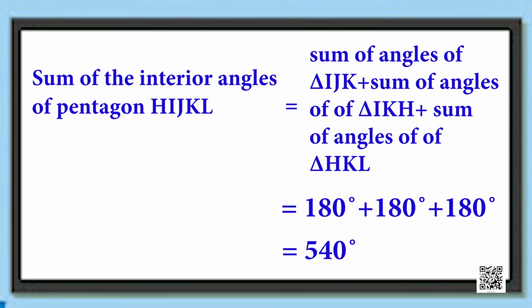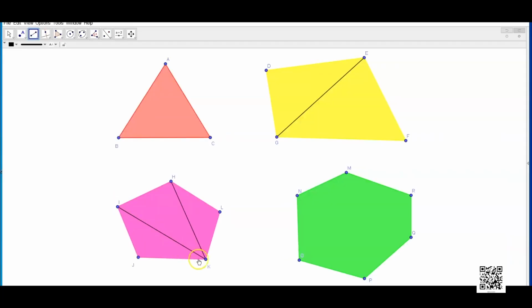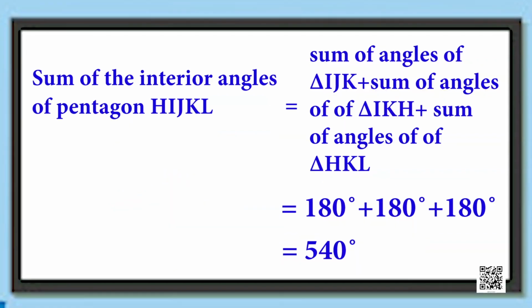So, the sum of the interior angles of this pentagon, which is H, I, J, K, L, will be equal to the sum of the angles of this first triangle, which is I, J, K, plus the sum of the angles of I, K, H, and then the sum of the angles of the third triangle H, K, L. So, it will be 180 plus 180 plus 180, which is equal to 540 degrees.